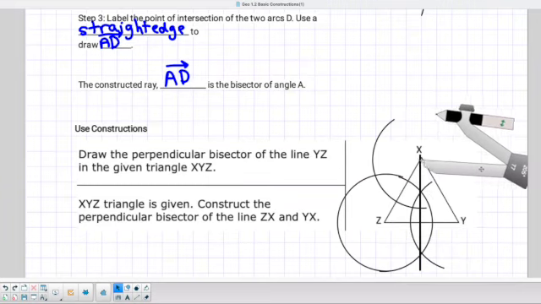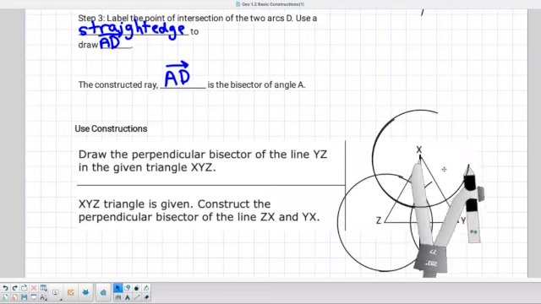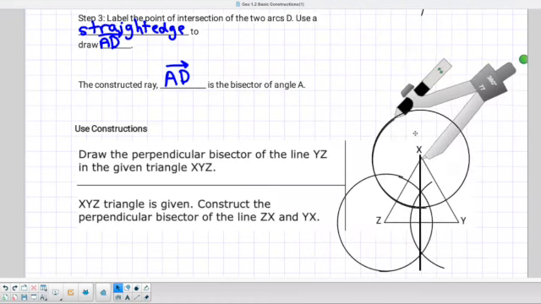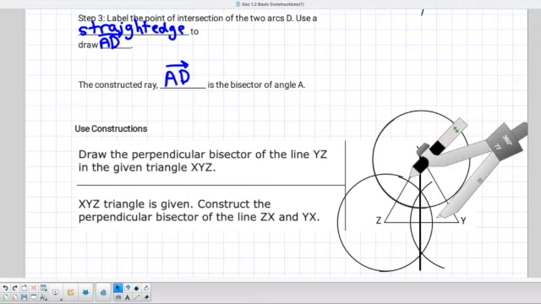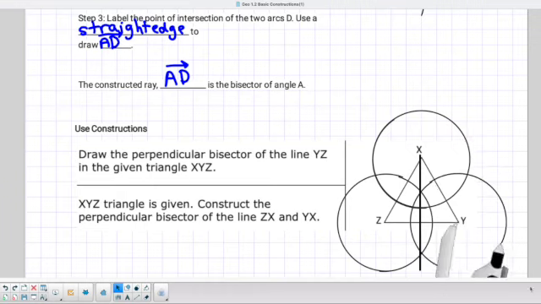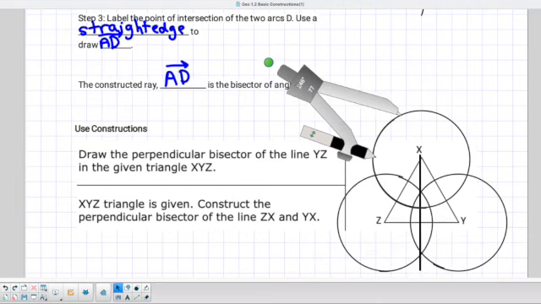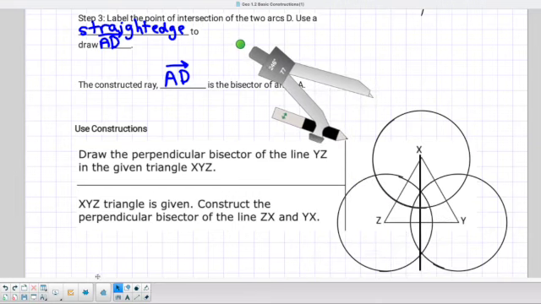And I didn't draw my X one long enough because it didn't intersect. So check that out. We can just draw all of these circles, and then we have it set up where we can find the perpendicular bisectors of all. So this is kind of a cool problem. Grab another line.